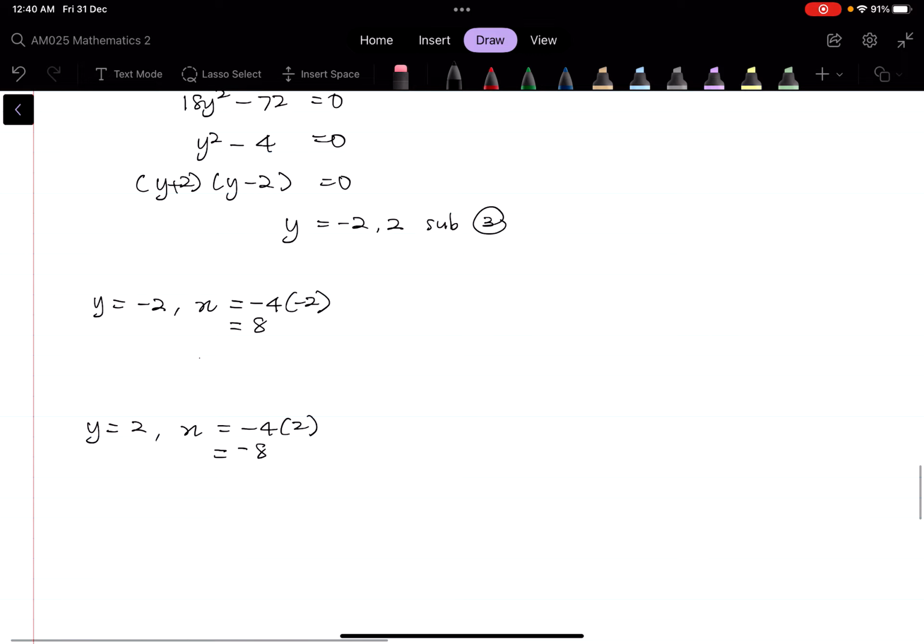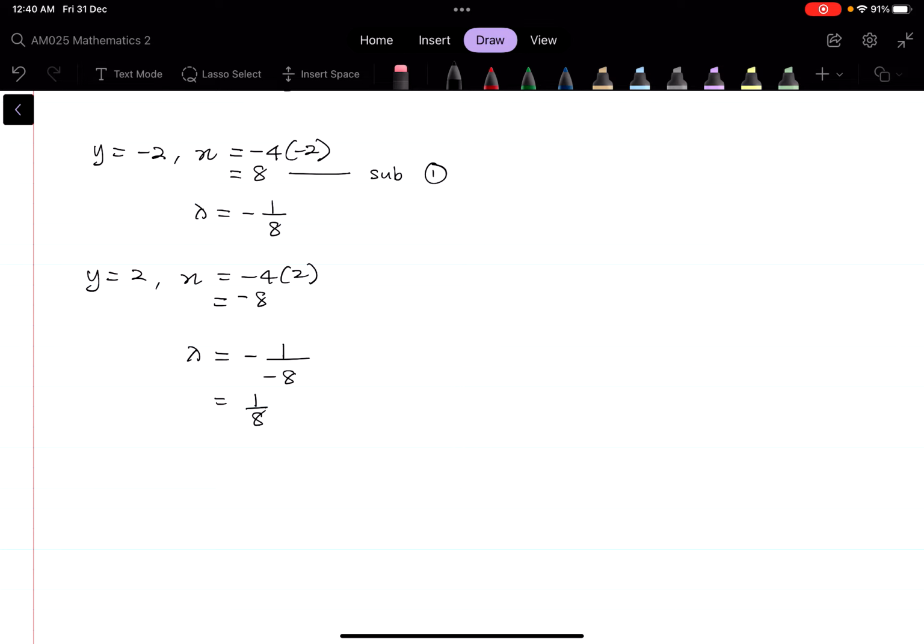So substitute into the first equation. Lambda equals negative 1 over 8, and for y equals 2, x equals negative 8, lambda equals negative 1 over negative 8, which is positive 1 over 8, right? Now what are our critical points?